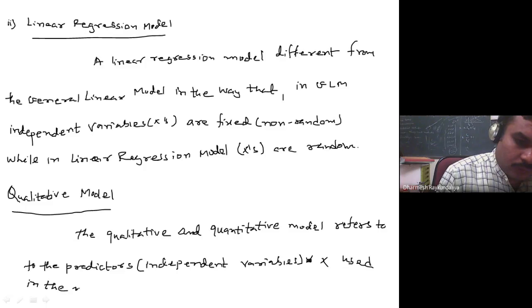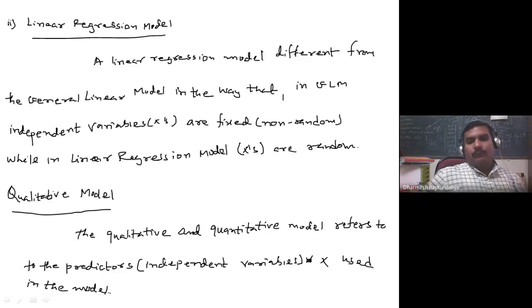So here in the second semester, whatever models we are saying that they are qualitative and quantitative, it is based on the nature of x. If x is qualitative, then the model is qualitative. If x is quantitative, then model is quantitative. But y must always be quantitative.